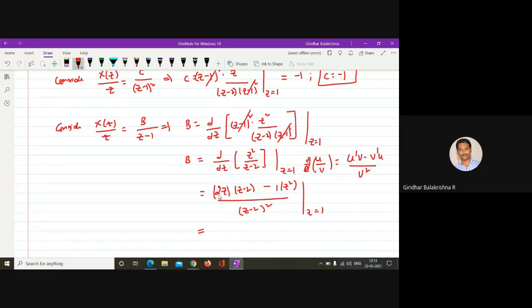If you expand this, 2z into z is 2z square, minus 2z into 2 is 4z, minus z square, by (z minus 2) whole square at z equal to 1.